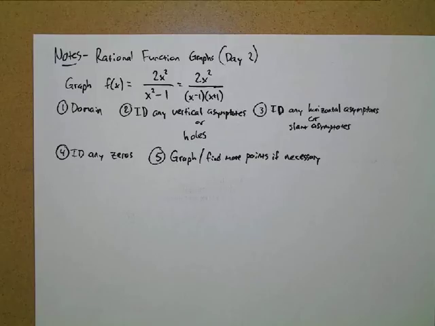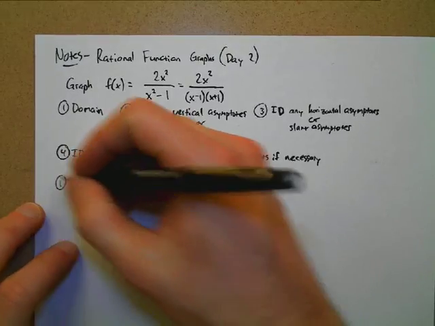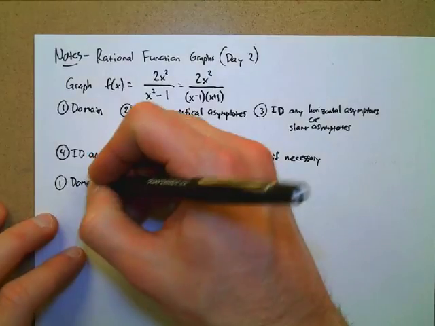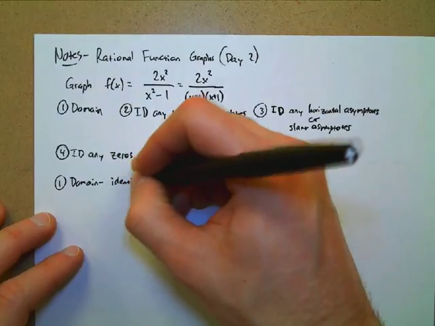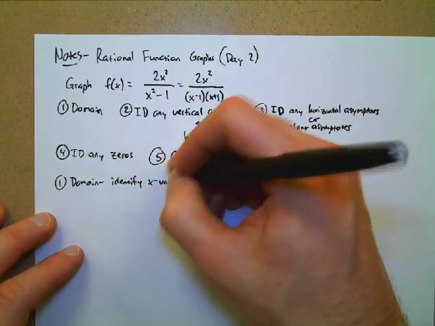Likewise, negative 1. If I plug negative 1 in here, the x value of negative 1 is going to get plugged in everywhere. But specifically in here, the problem is I get 0 here, which is going to be 0 times that. The whole thing will be 0. I'll have a number over 0, which means it's undefined again. So that's why for the domain here, we don't want to divide by 0. So for number 1, domain, identify x values that cause the function to divide by 0.